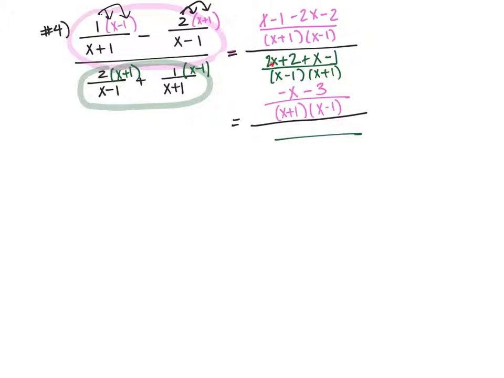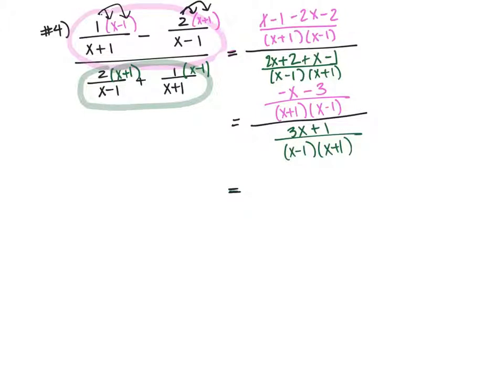I notice that the 2x can be combined with the x and the 2 can be combined with the negative 1. So that's going to give me 3x plus 1. And then it looks like my denominator is those factors. All right, so I've simplified the top, and I've simplified the bottom. So now I get to divide the top and bottom.